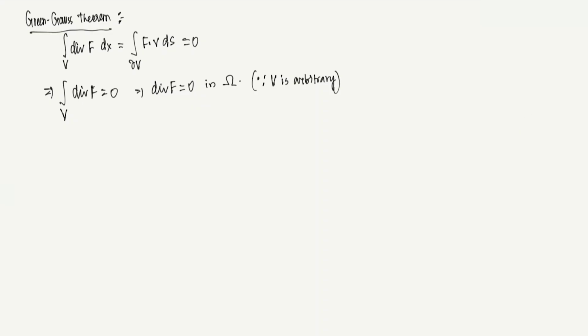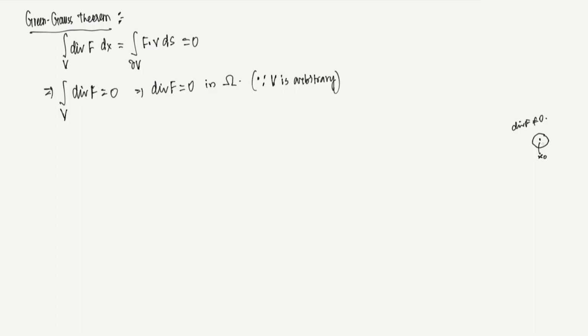Now the point is this: if the divergence of f is not 0 at some point x naught, you can have a small neighborhood around that point where the divergence of f is negative or positive. Let's say it is positive.